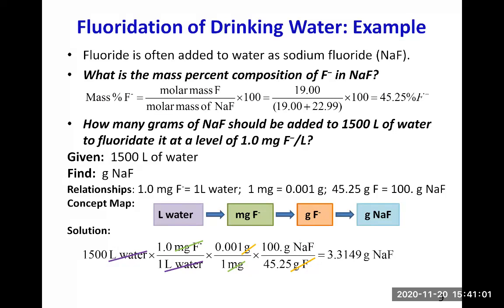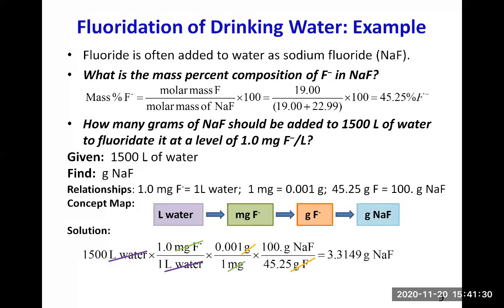The 1,500 has 2 sig figs, and the 1.0 milligrams of fluoride per liter also has 2 sig figs. Everything else is exact numbers, except for the percent composition. The 100 is exact, and the mass of fluorine per sodium fluoride is 4 sig figs.